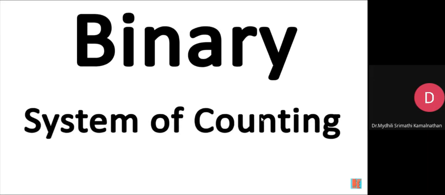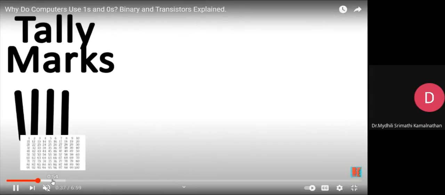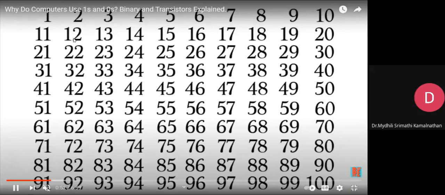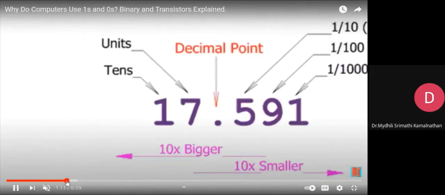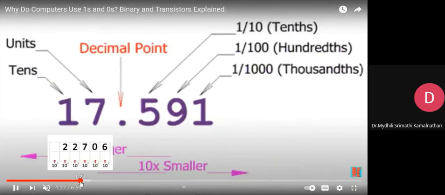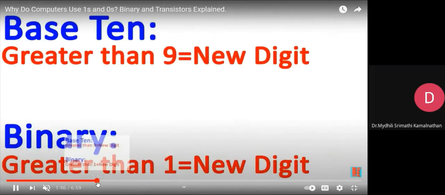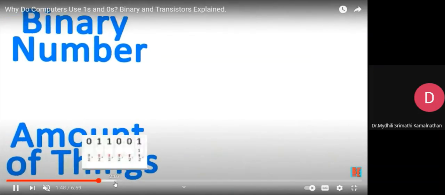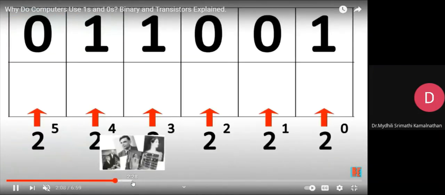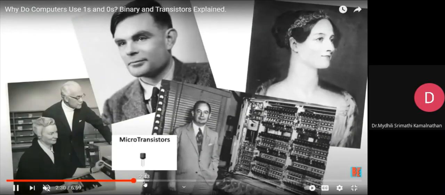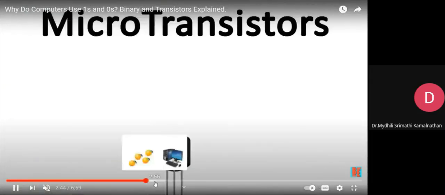Okay, so which is the counting system? For each and every number system whatever we are using, it goes for coding, which uses the binary number system. So in terms of binary only, the computers understand the concepts. So here come the transistors.